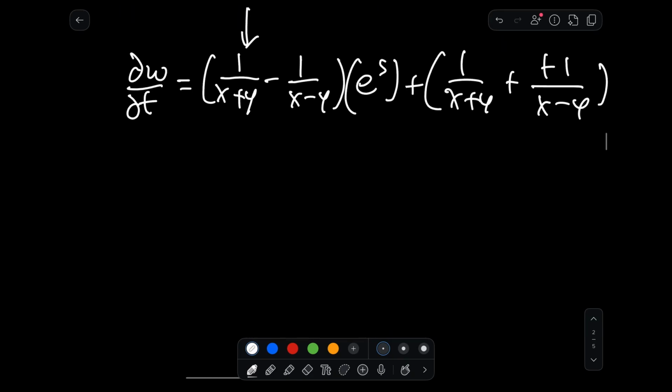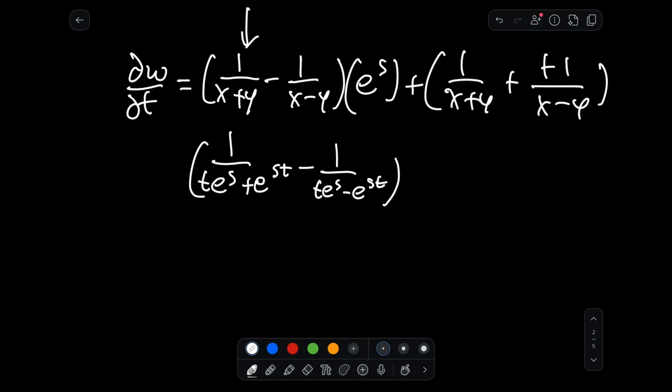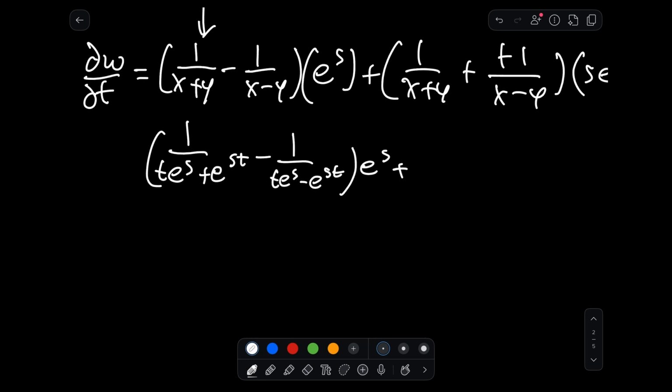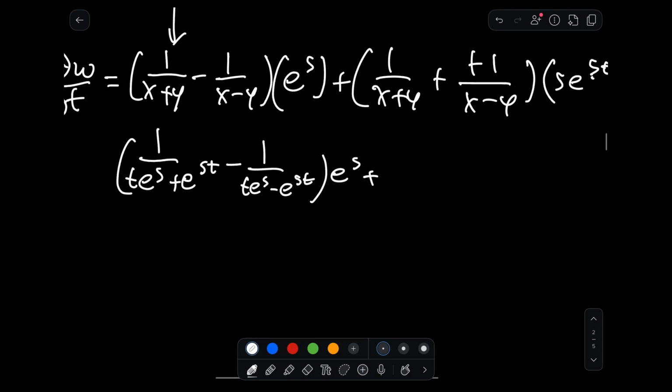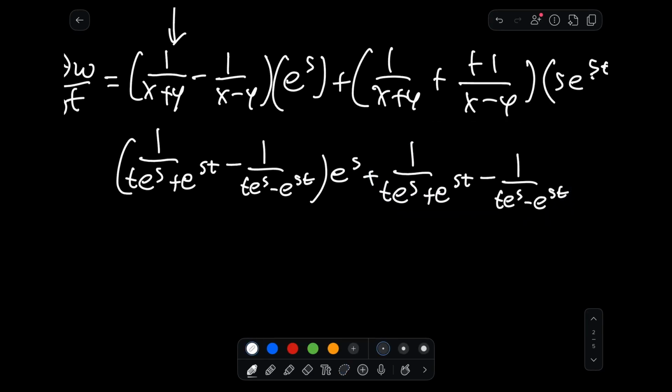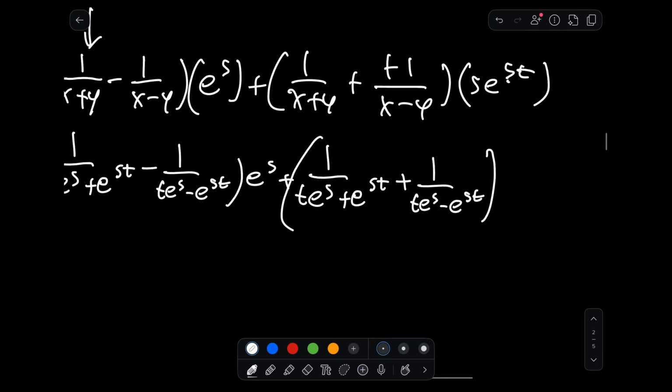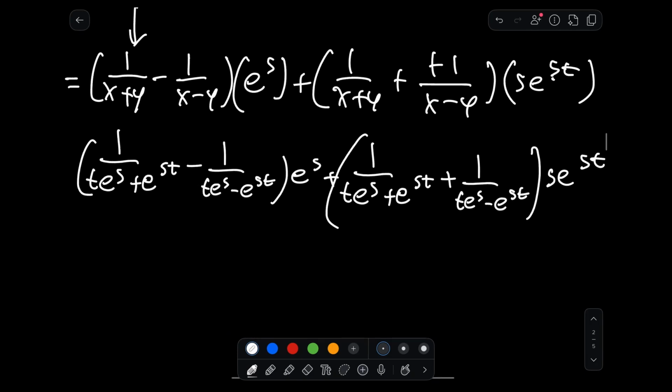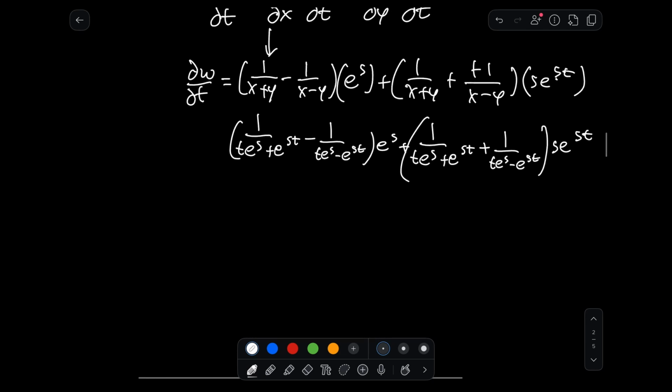This should become 1 over t e to the s plus e to the st, minus 1 over t e to the s minus e to the st, all over e to the s, plus, just copy this over because it's the exact same thing, barring the positive, just need to flip that. And that is your answer for example number 2.